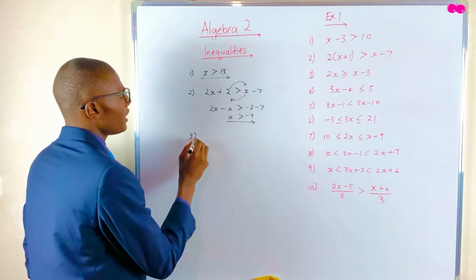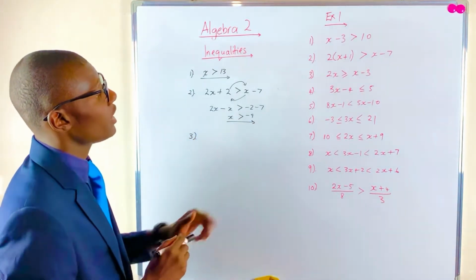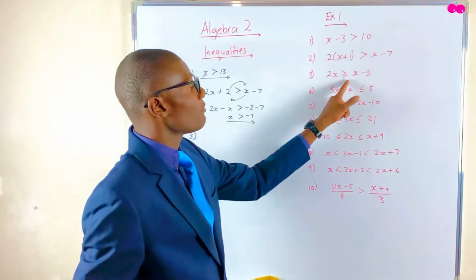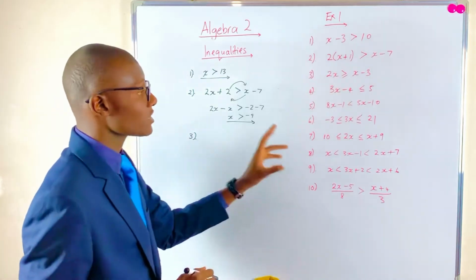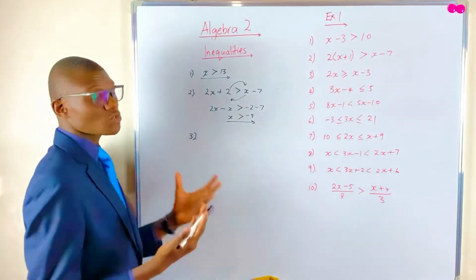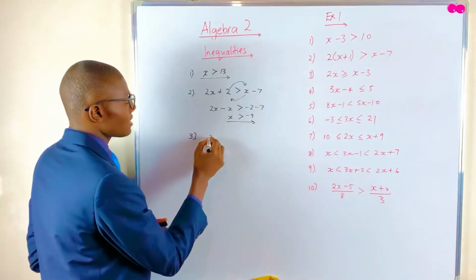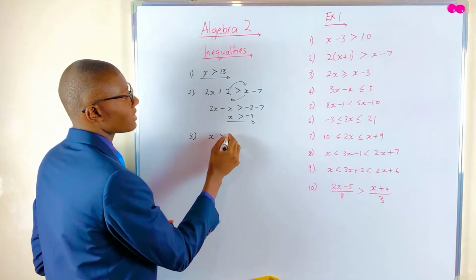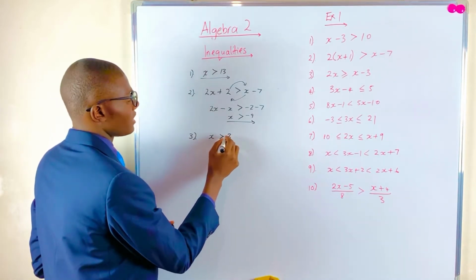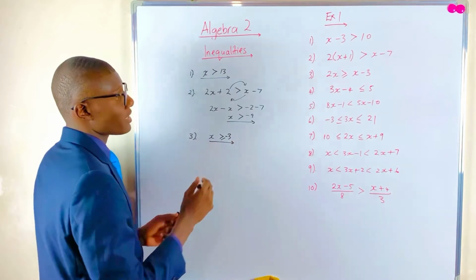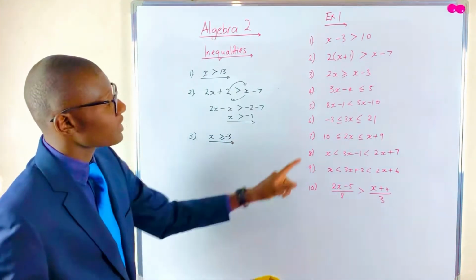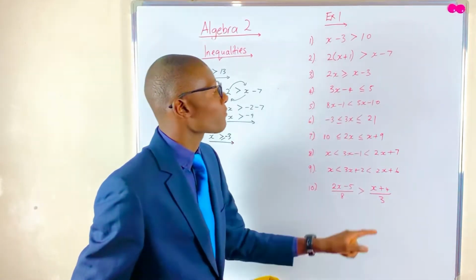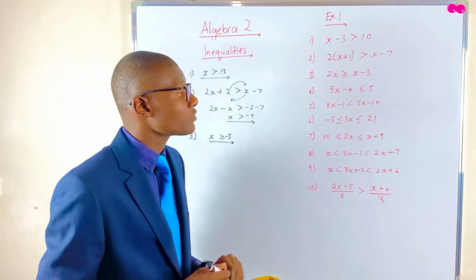Then for number 3, we've got 2x being greater than or equal to x minus 3. So if we take x to the left hand side, we've got 2x minus x that will give us an x. Then that x is greater than or equal to -3, not 3. So it's minus 3 actually. And then for number 4, we've got 3x minus 4 being less than or equal to 5.